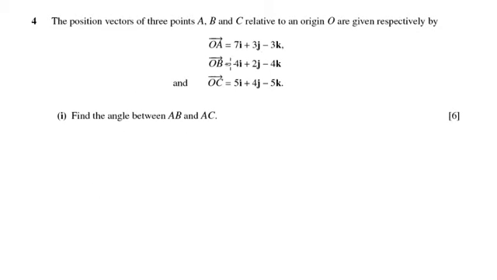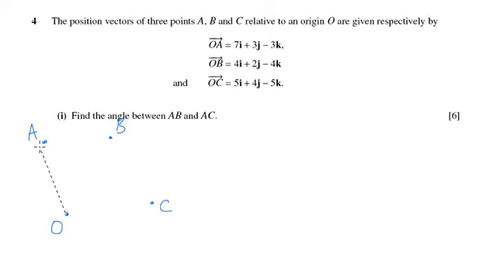Okay, question 4 has given us 3 points A, B and C given by these position vectors here. So we've got the origin, O, and we've got these 3 points A, B and C, which I'm just going to put anywhere. We don't actually know where they are, but I don't need to draw it accurately to understand the question.